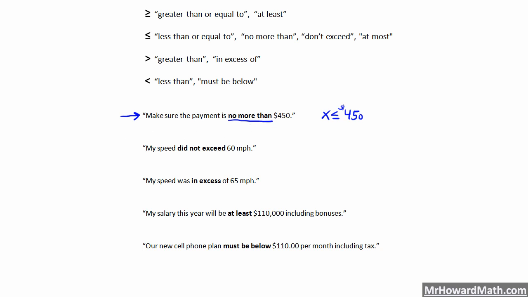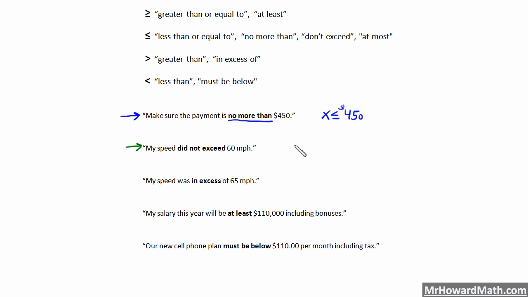Alright, let's look at this next one. It says my speed did not exceed 60 miles per hour. So did not exceed is going to be up here in this area. I listed don't exceed before, but did not exceed would still be this less than or equal to situation.